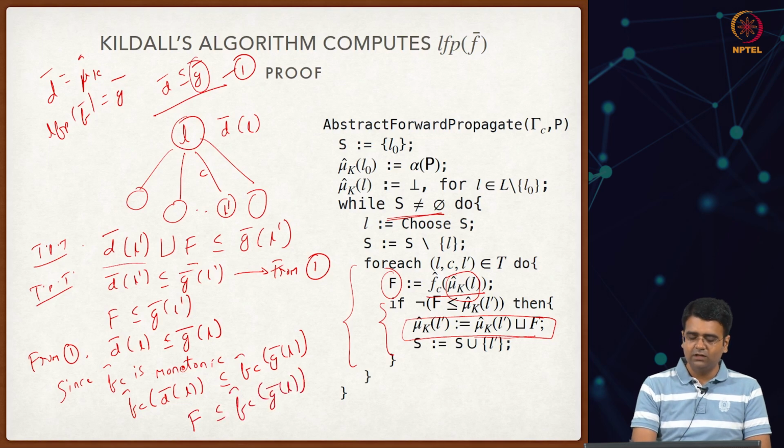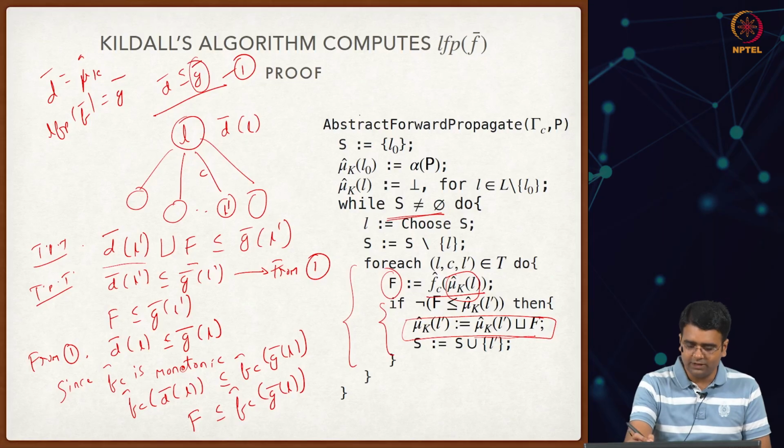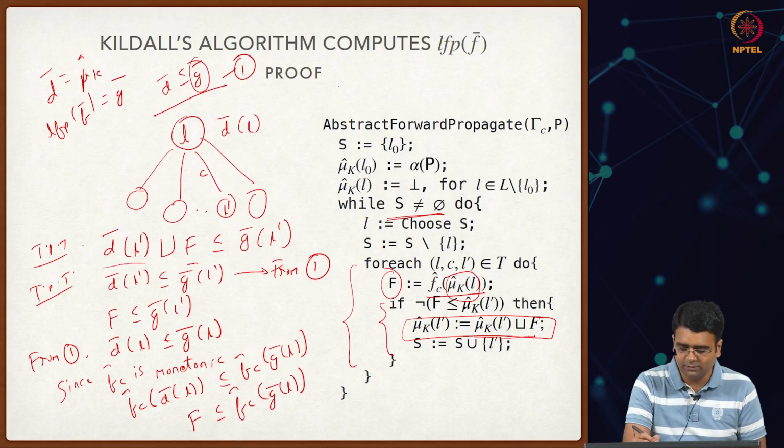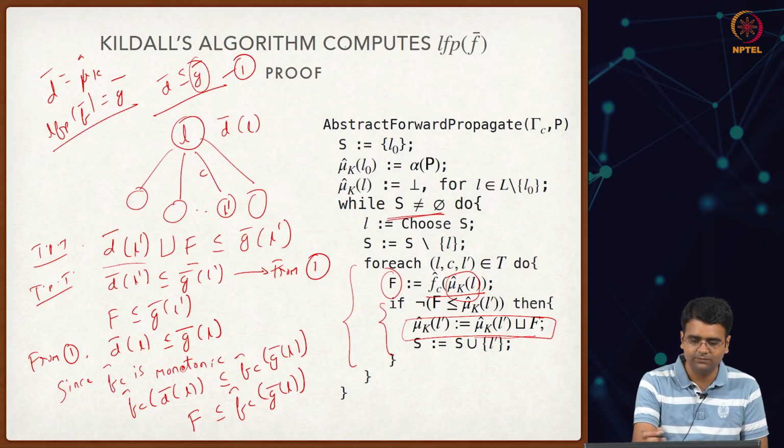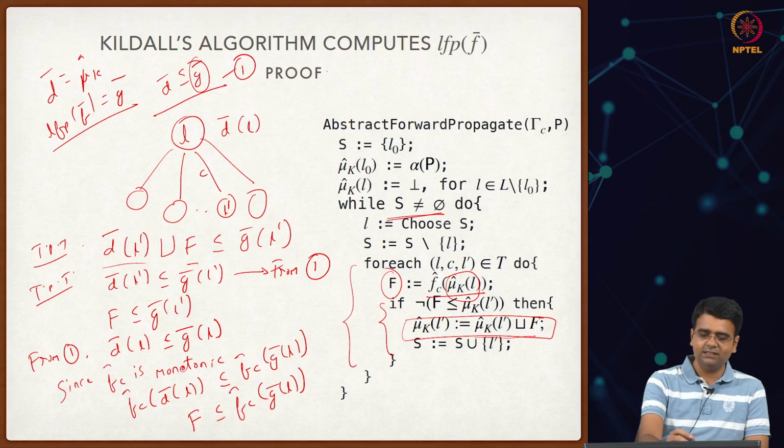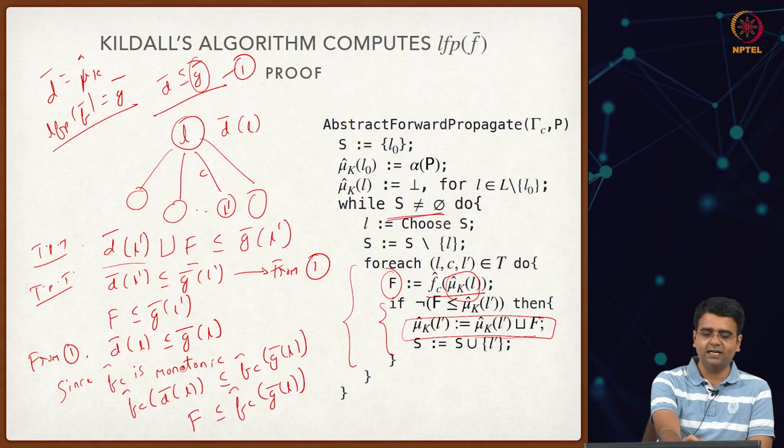Okay. So now what is the relationship between g bar of L prime and g bar of L? Remember, g bar is the least fixed point of f bar, which means it is also a fixed point, and if you recall, this f bar function, this function over the vectorized lattice, essentially encodes those data flow equations that we had defined.